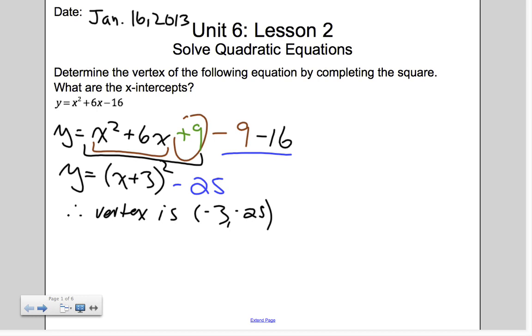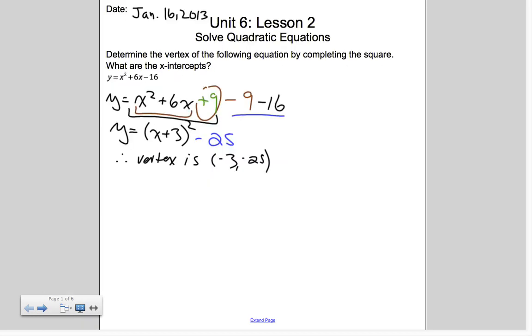It's your favorite F word in math. It's not 4 letters though, it's 6 letters. Factor? Right? So we want to factor this. So the x-intercepts, we're going to factor this. So we're going to do the PSI.